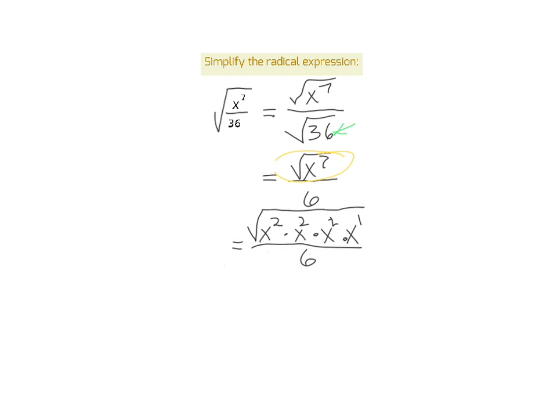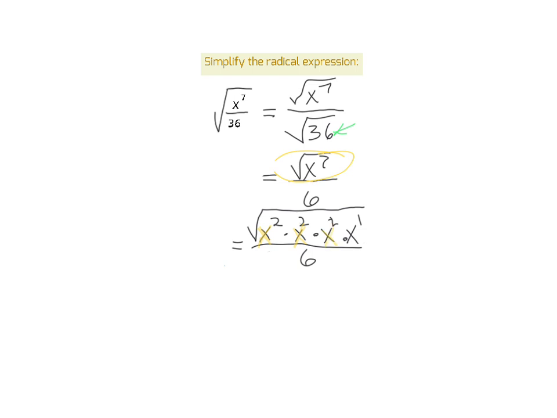Now, remember that when we have the square root of something squared, we have the base to extract. So if I have the square root of x squared, this first one, that'll be 1 x that gets to come out. Again, we'll have another x that comes out, because we have the square root of x squared again.